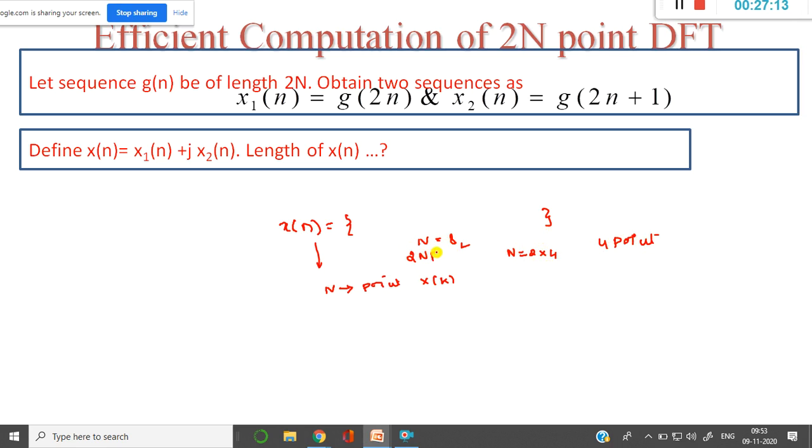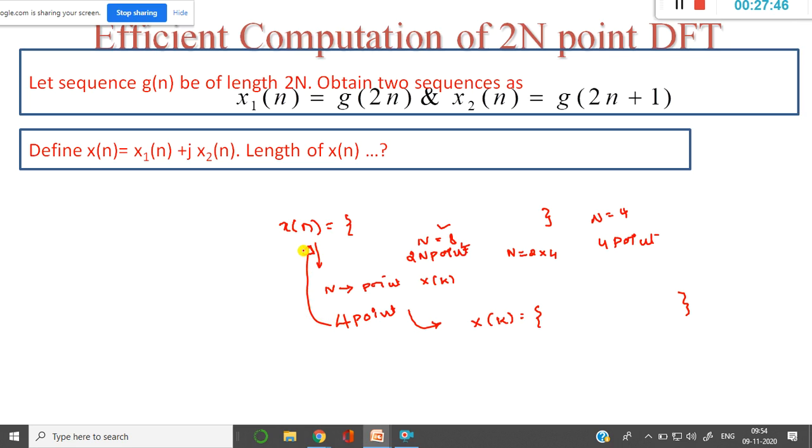Here I just say it as 2N-point where N equal to 4. Now instead of applying an 8-point DFT to calculate x of k, apply a 4-point DFT. But you should get x of k as an 8-point sequence itself.